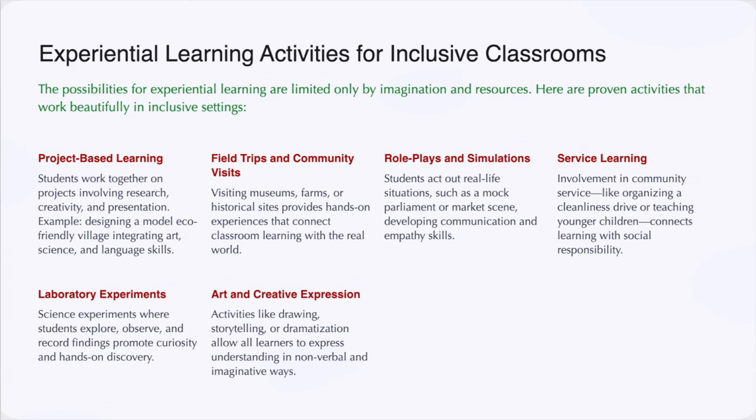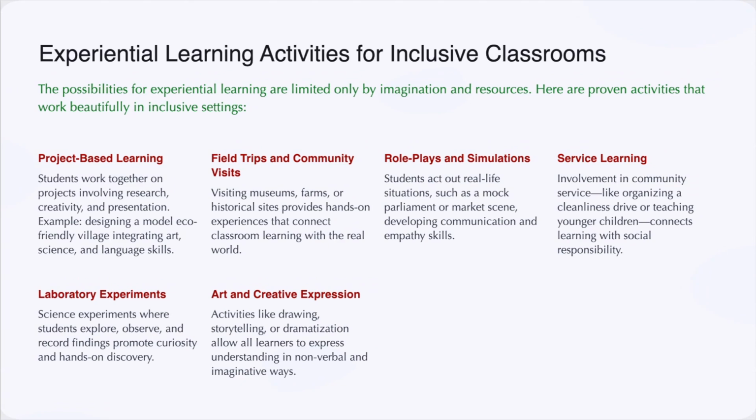Number three, role plays and simulations. Students act out real life situations such as a mock parliament or a mock senate, which helps to develop communication and empathy. Number four, service learning. Involvement in community service like organizing a cleanliness drive or teaching younger children helps students to connect learning with social responsibility.